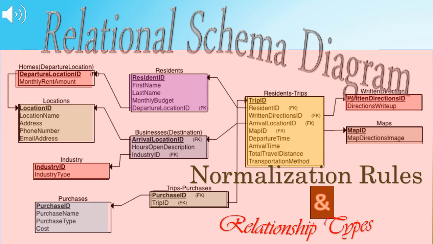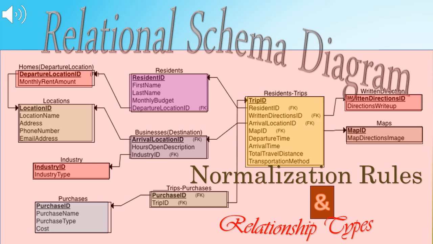So it satisfies first normal form, and the table satisfies second normal form because all attributes within the table depend on the entirety of the auto number primary key. And all attributes within the table depend only on the table's primary key and not on the primary keys of other tables related to that table. Therefore, it satisfies third normal form.